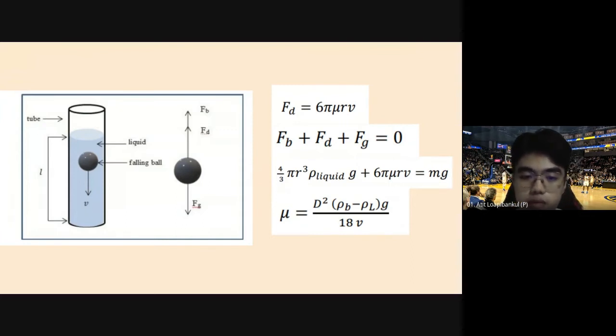This is the final formula. So I have to put the ball into the liquid, which is maybe glycerol or starch, in order to test it and find its viscosity. And after I have found the viscosity, I have to put the fluid into the simulation, which is going to be the next step. Next.